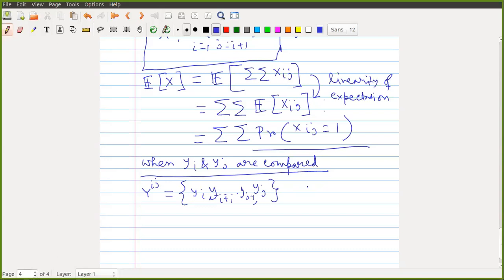So the whole idea comes down to this probability: given a list y^ij where both y_i and y_j are present, what is the probability that one of y_i and y_j is chosen as pivot?